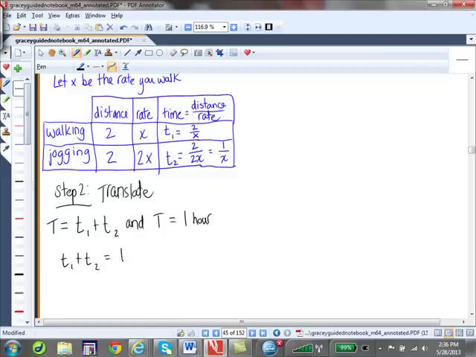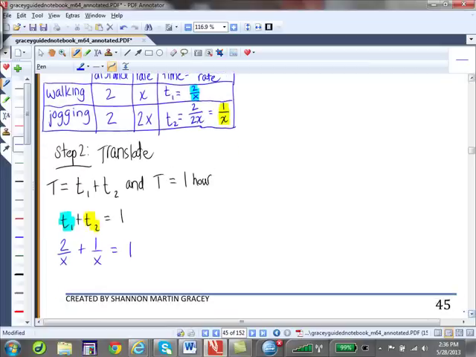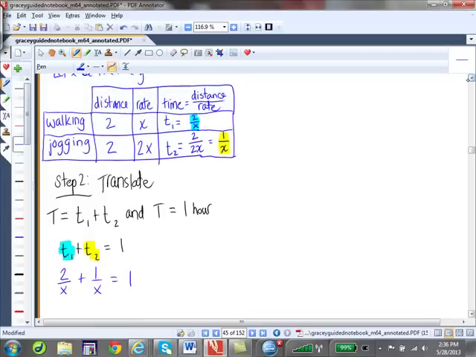But do you notice we have expressions in x for T1 and T2? T1 is 2 over x, and T2 is 1 over x. So here we will have 2 over x plus 1 over x equals 1. So we've translated that. So now let's solve that bad boy.